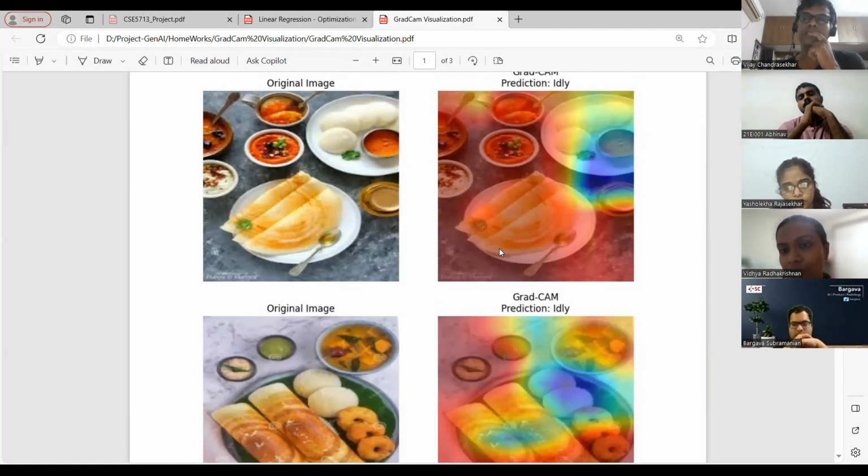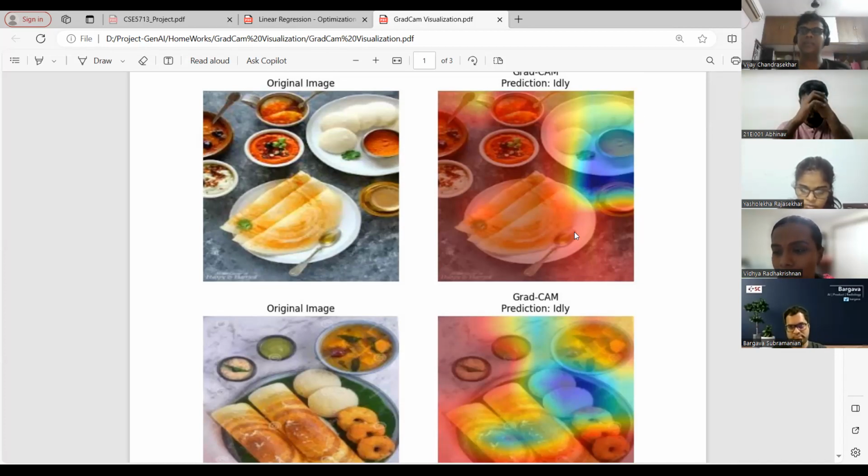Maybe because we didn't have a lot of images that had dosa on a white plate. Instead, we had idli and sides in the white plate. So that's the reason why it went for idli and not for dosa. I'm not sure, but maybe.